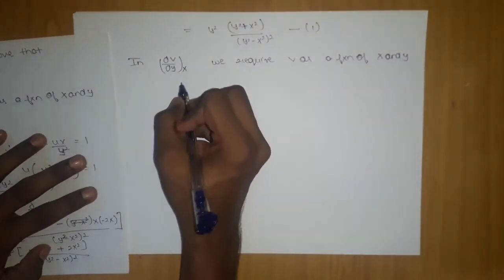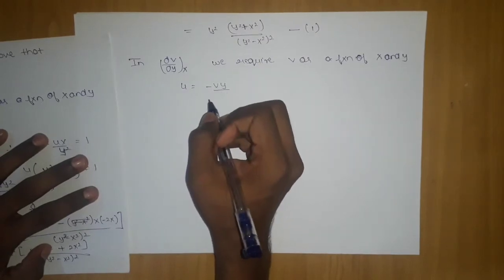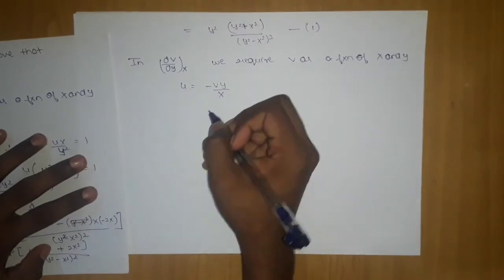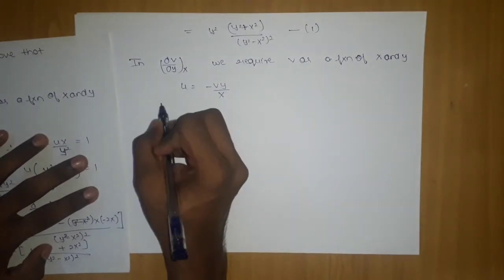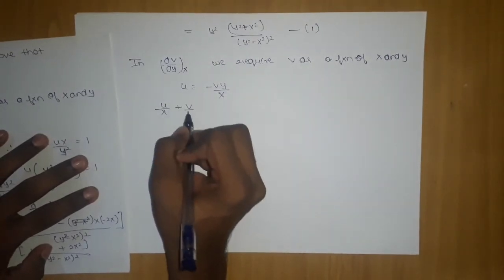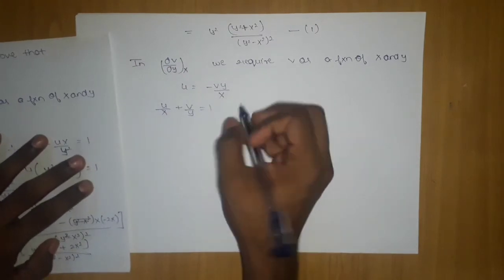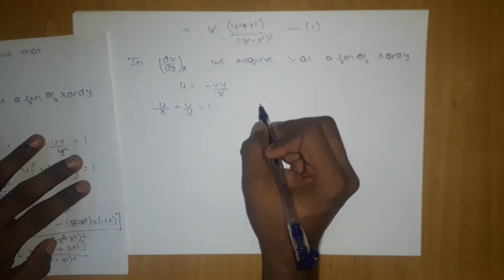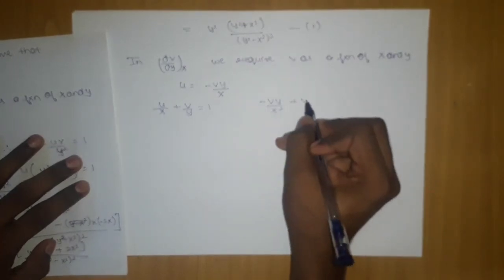So what we are going to do, we are going to get the u value from this, minus vy/x. So if I substitute this value in this equation, what do I want in terms of what? v. So I am going to substitute the u value, so minus vy/x² plus v/y.